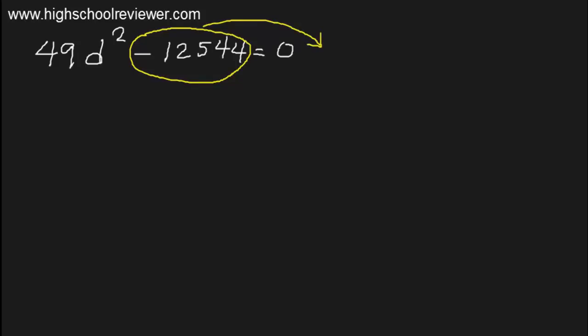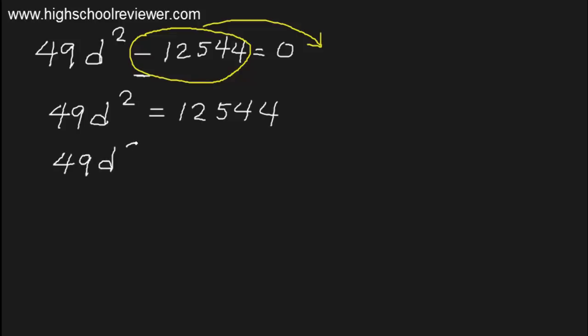So transposing, what will be left on the left side will only be 49 d squared. And if we transpose negative to the other side, this will become positive 12,544. And to find the value of d, we need to cancel out 49 from 49 d squared. So to cancel out, we are going to divide both sides of the equation by 49.